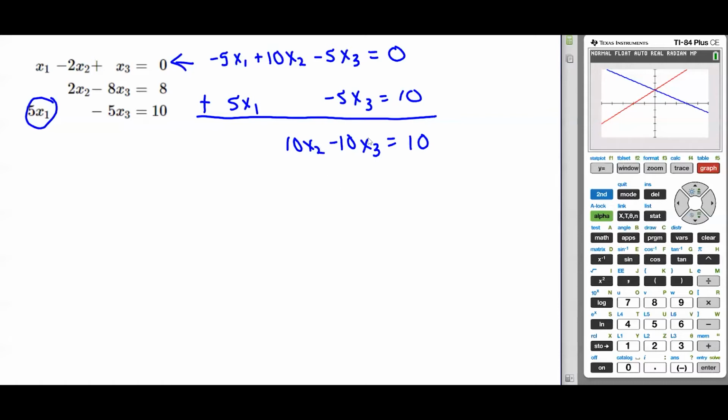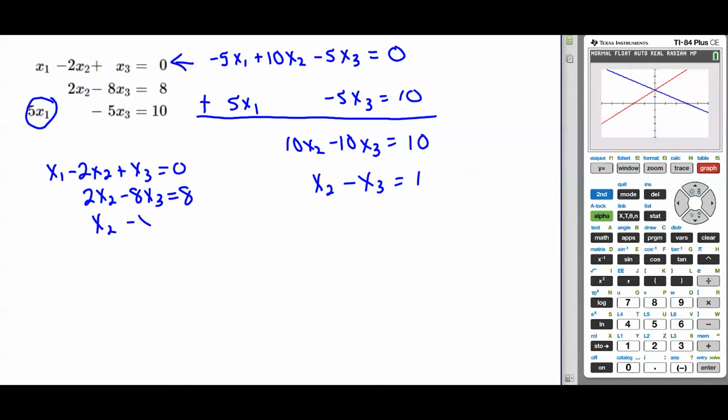Also notice that this equation is equivalent to x2 minus x3 equals 1, right? So I could divide both sides by 10, and that would further simplify it. So here, I'm going to rewrite my system and just replace the third equation.